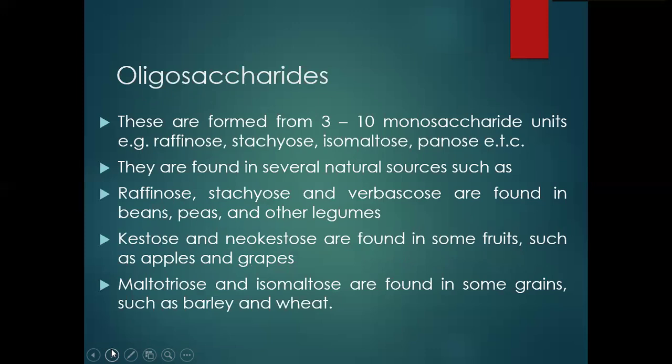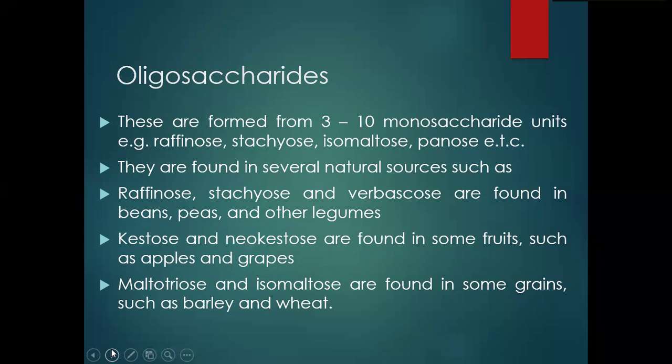Oligosaccharides, on the other hand, are formed from 3 to 10 monosaccharide units of sugars coming together. Examples of oligosaccharides are raffinose, stachyose, isomaltose, and panose. They are found in several natural sources.